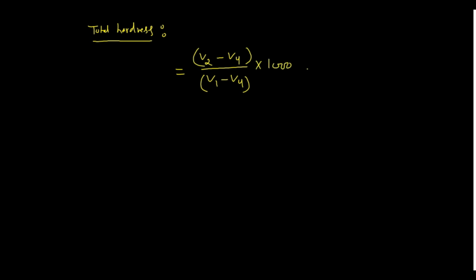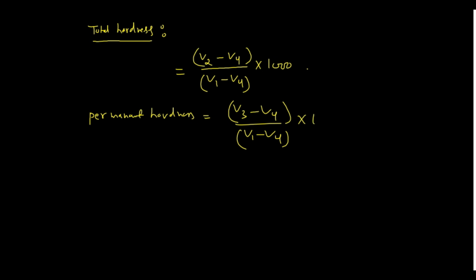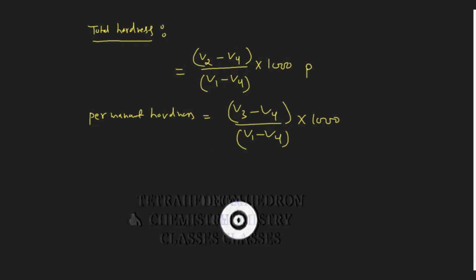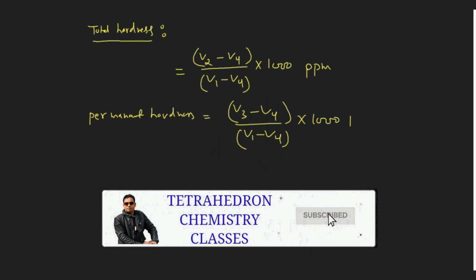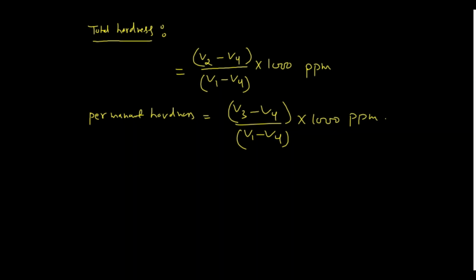Okay, and for permanent hardness, your expression was (V3 minus V4) over (V1 minus V4) multiplied by 1000. Don't forget to put the unit ppm.